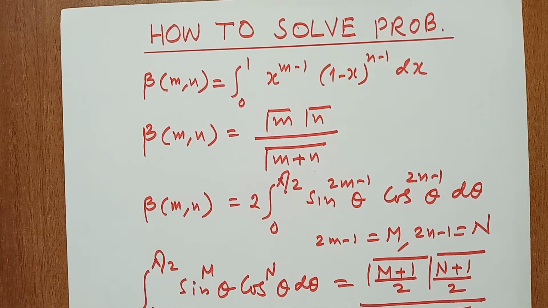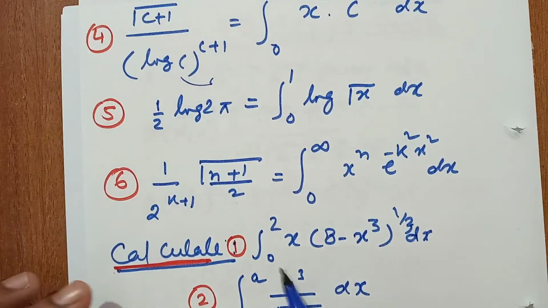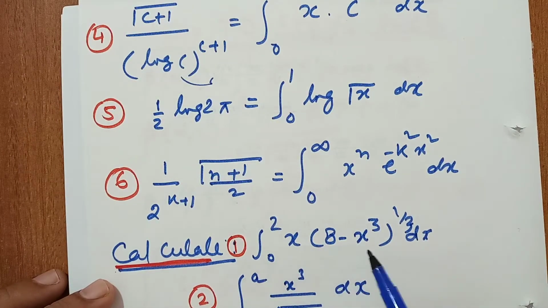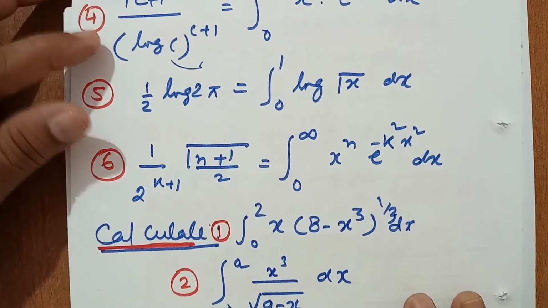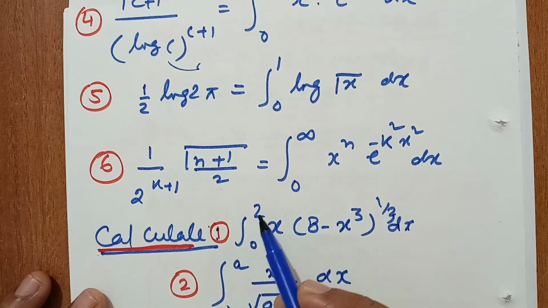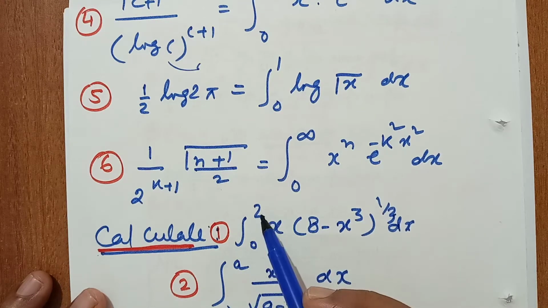Now if you have a problem of this type, the integral from 0 to 2 of x times 8 minus x cube, first you see the question. Here the limit is 0 to 2, while for the beta function the limit is 0 to 1.